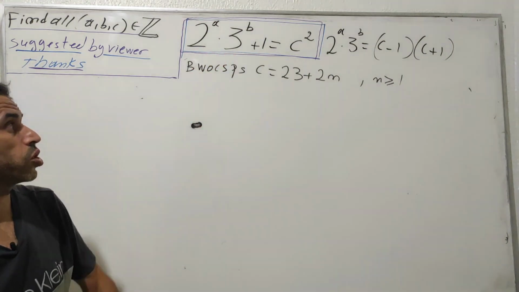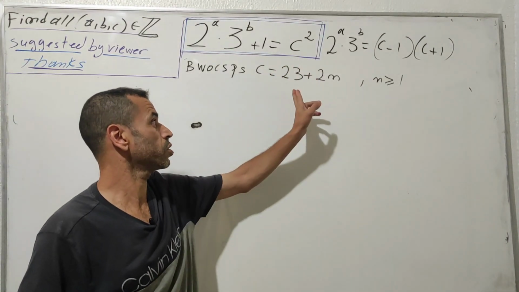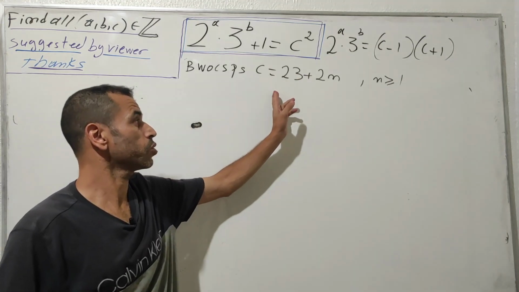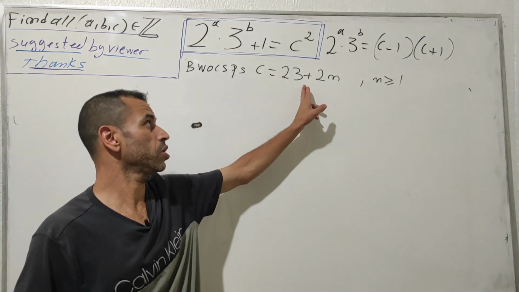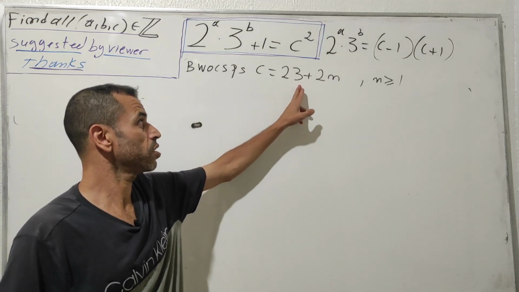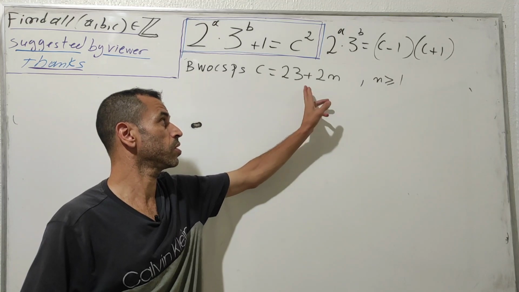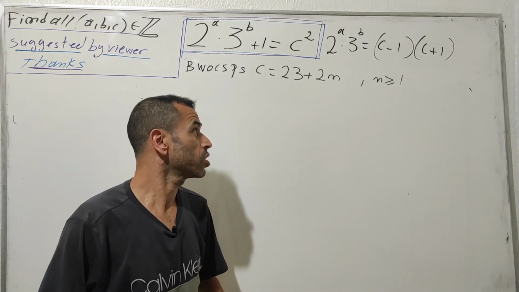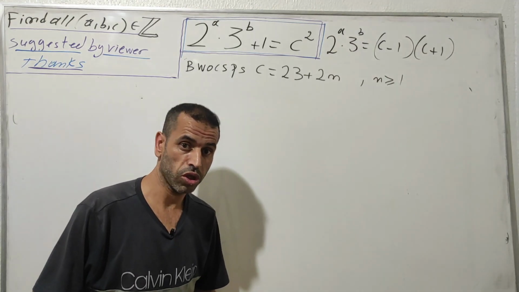If you go back to the original equation, you will find c is odd. So this means the odd numbers are going to be written in this form. But we are skipping some odd integers. We are skipping 17 plus 2n and 19 plus 2n, because I have worked on those cases, and none of those cases gave me a contradiction.